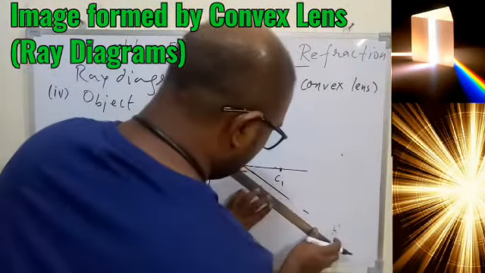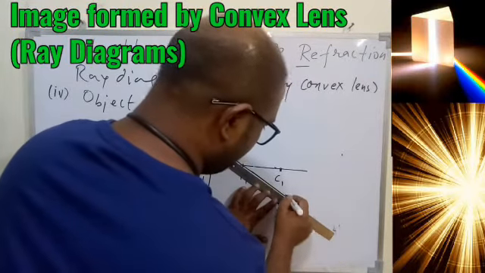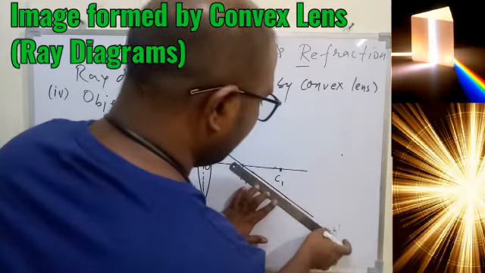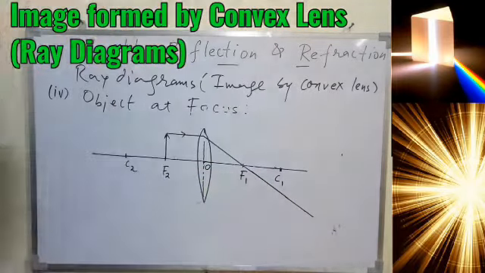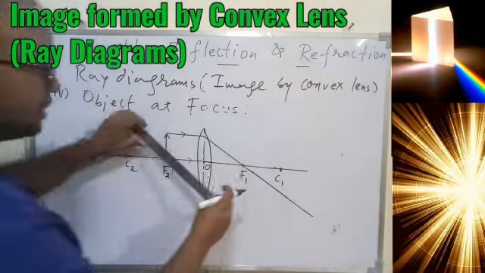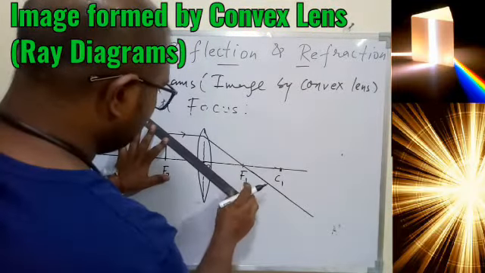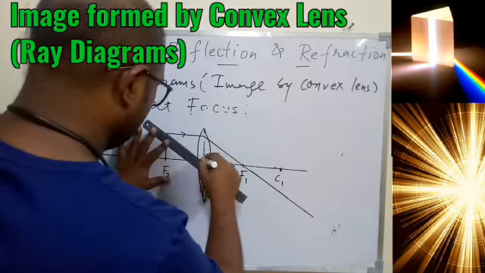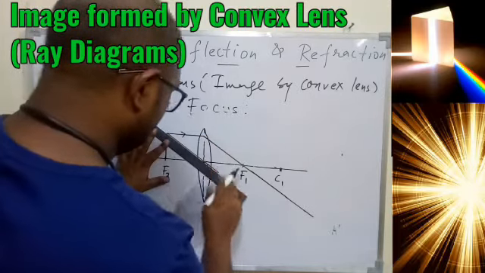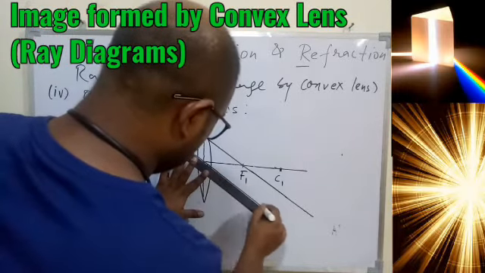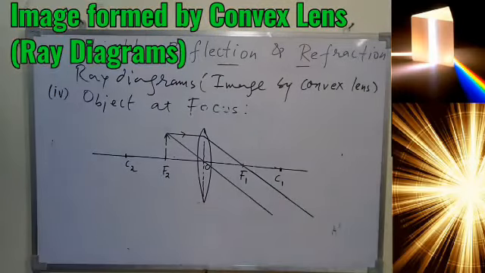So let's join it, and because of marker you are able to get some overwriting here, but always remember your pencil should be sharp enough. This is one ray, and the second ray we can take passing through optical center. So I hope you are able to see.